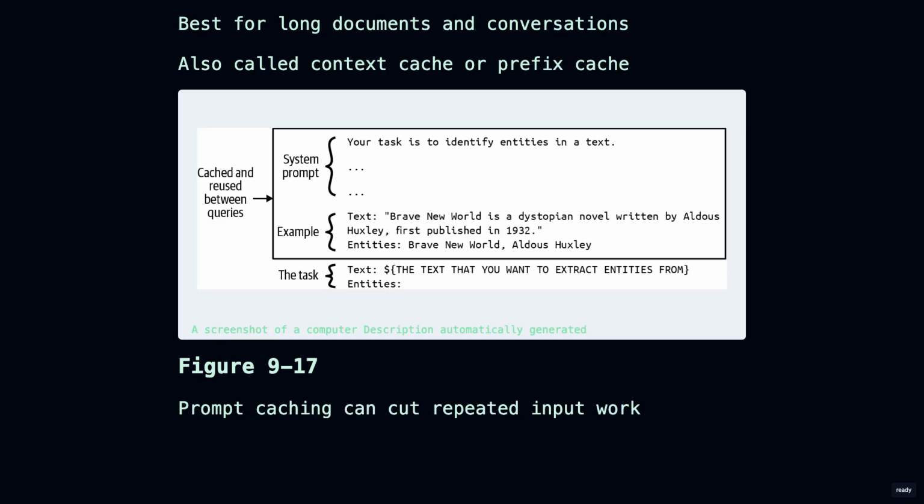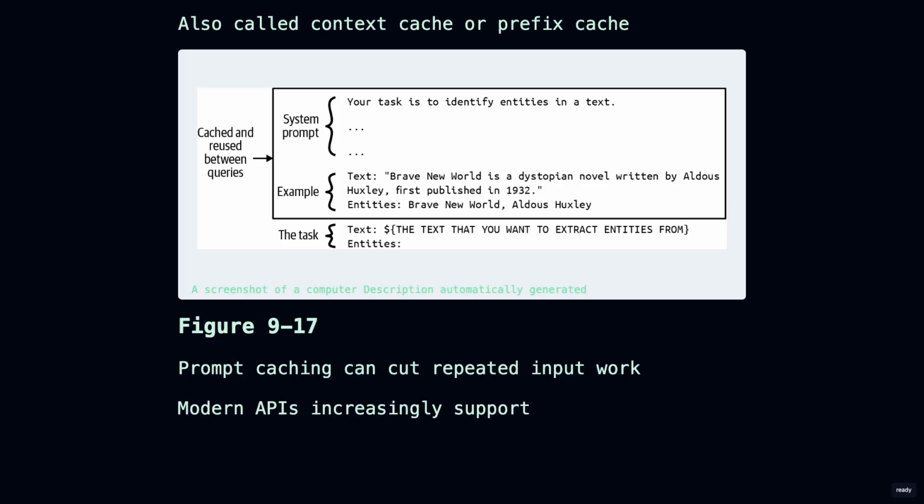For long system prompts, the savings can be dramatic. But the cache itself consumes memory, and building it into your own system may require real engineering effort unless the API already supports it. Many model providers now expose prompt caching directly.